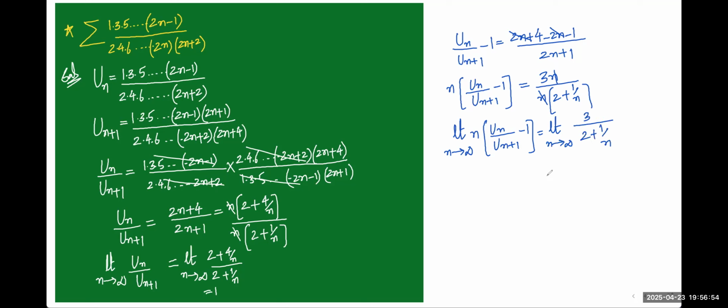Now if you apply the limit, we get 3 by 2, which is 1.5, definitely greater than 1. So by Raabe's test, the summation is convergent.